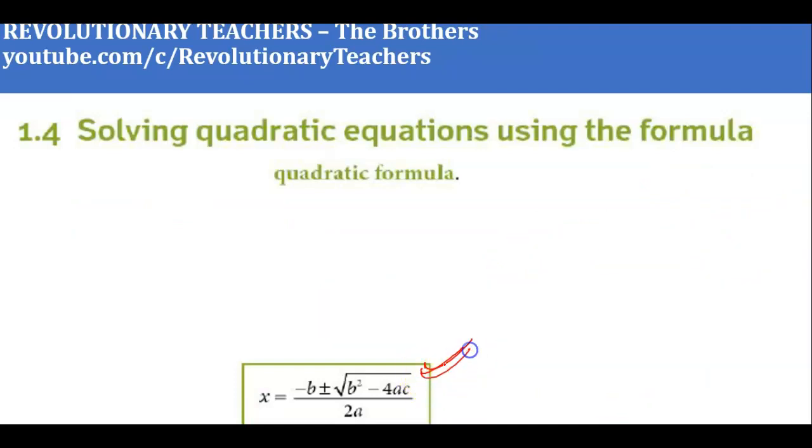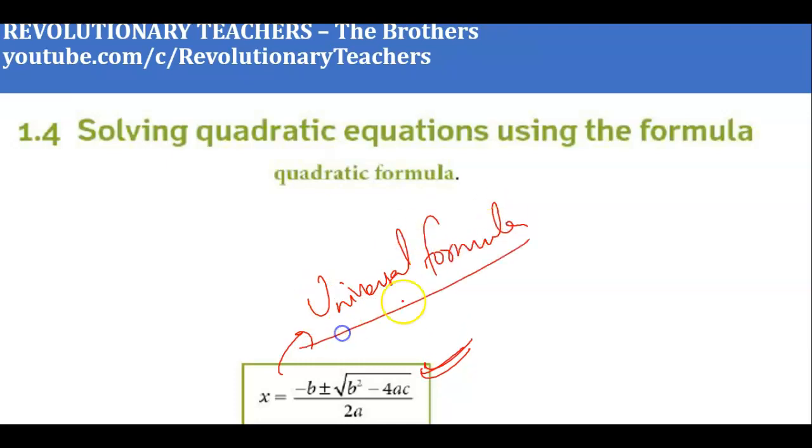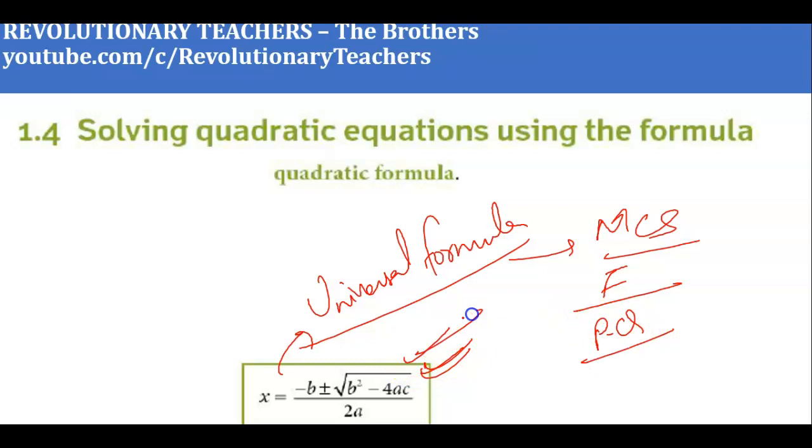This is the way we are going to use to find the roots, and this is called the universal formula. Using this formula, you need not use the method of completing squares, nor go for factorization or perfect squares. Simply substitute the values over here and your answer is directly obtained.